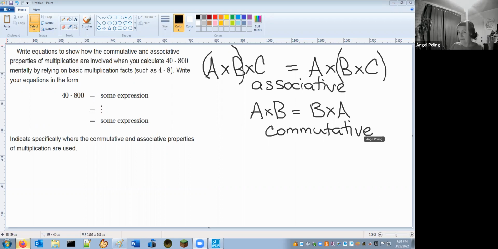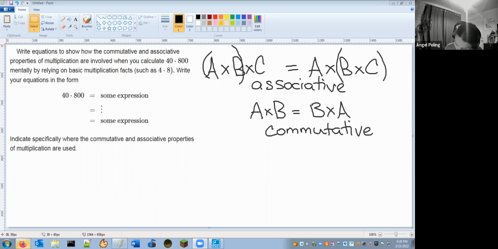And if we were to multiply 40 times 800, just talk it out, I would probably multiply the 4 times the 8 as they suggested and get 32. And then I would quote unquote add 3 zeros. But you're not adding at all. So you have to be careful when you say things like that, right? So we're really putting 3 zeros onto the end of our number, which is the right side of our number.